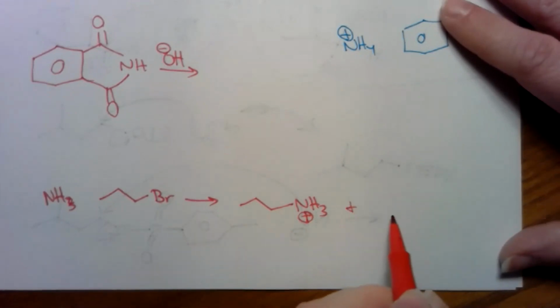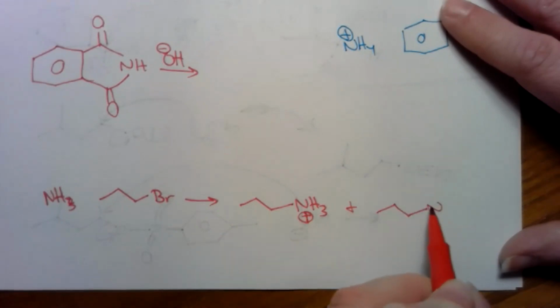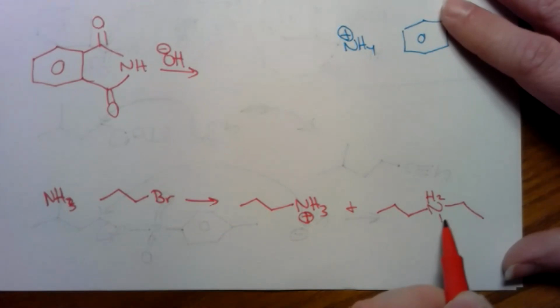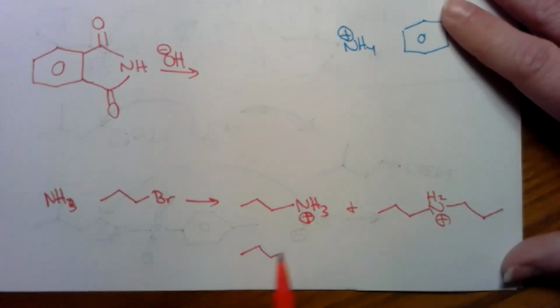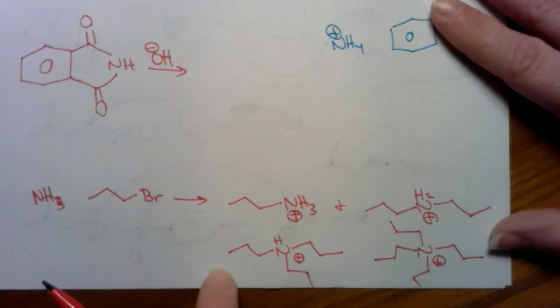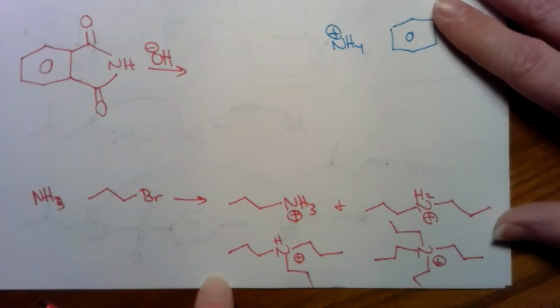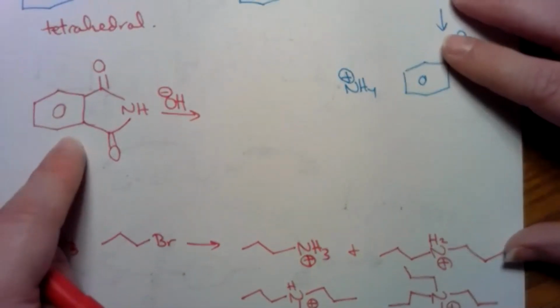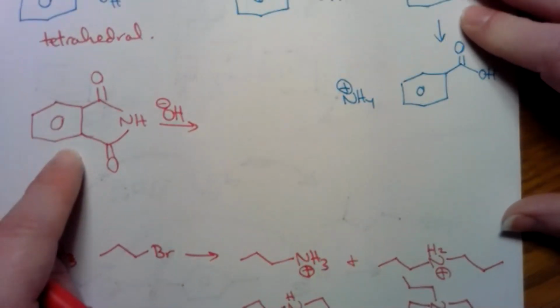So you get mixtures of primary amines or ammoniums, secondary amines or ammoniums, tertiary amines or ammoniums, and even quaternary amines or ammoniums. So if you're trying to synthesize a primary amine, this is really kind of a traditional thought process based on what we've learned, but it doesn't work really well. The Gabriel synthesis is a way that does work well.